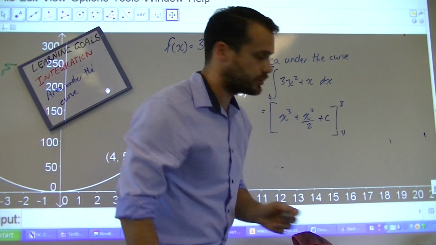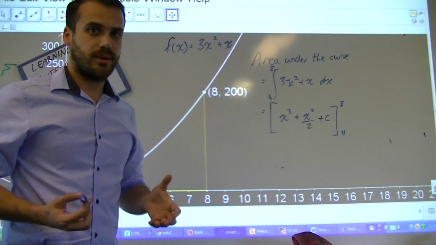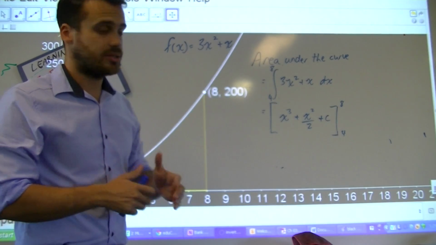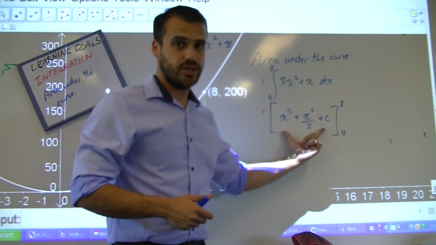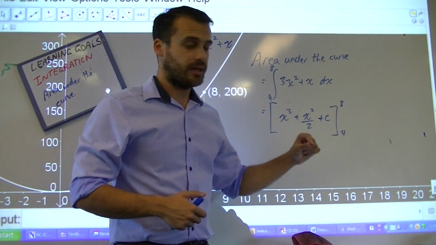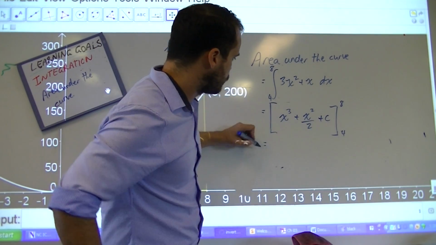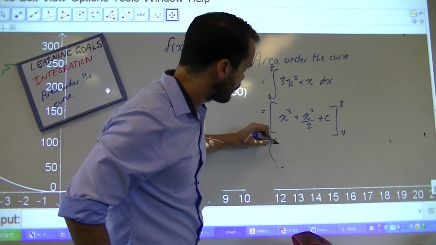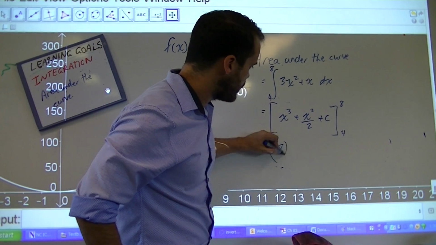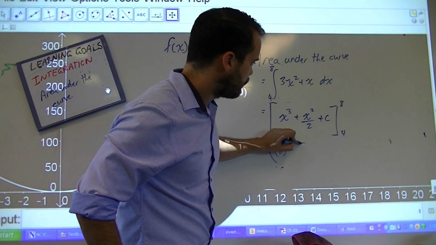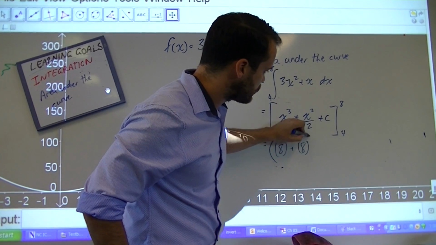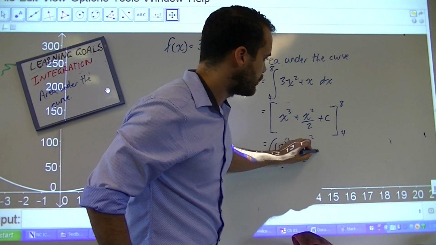Now our next step here is to sub 8 into this equation and then subtract 4 subbed into that equation. So it's going to look like sub 8 in for x: 8 cubed plus 8 squared over 2 plus c.